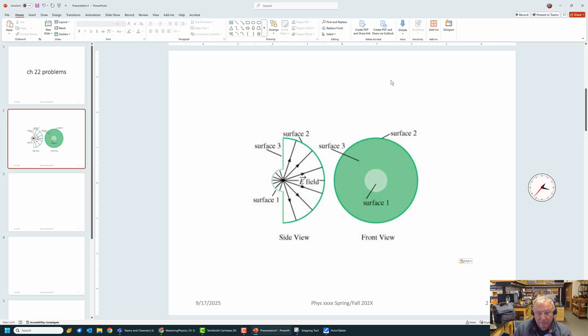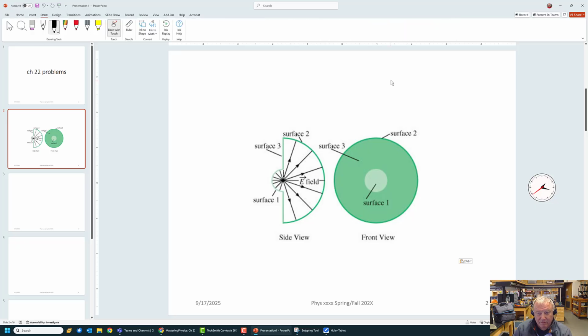Okay, so if I drew a vector straight up, which is a possibility, and for this surface, this is the A vector, and there's 90 degrees here. So the flux from surface 3, that's what I said, equals 0.